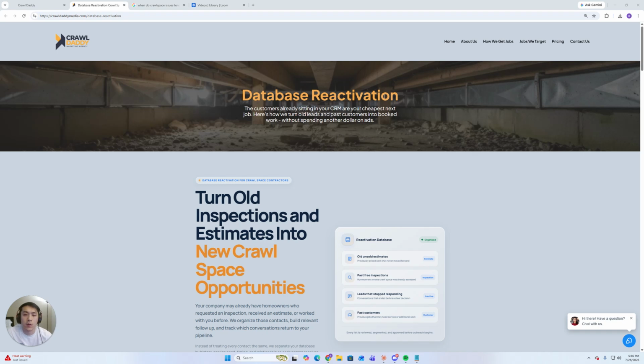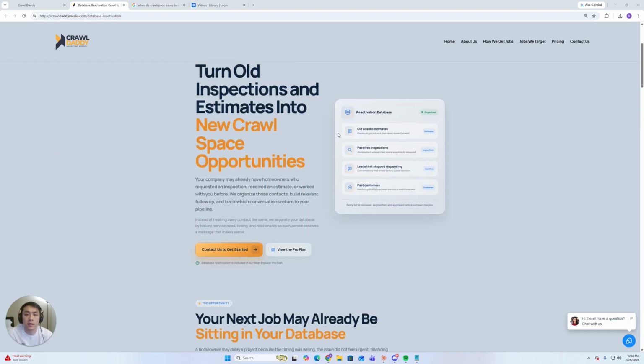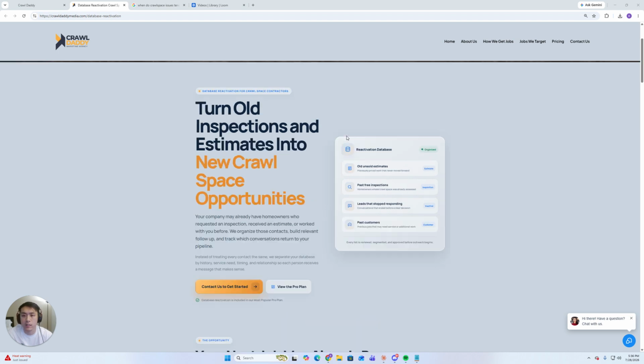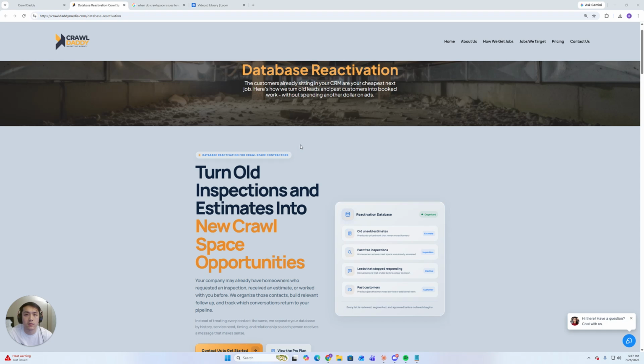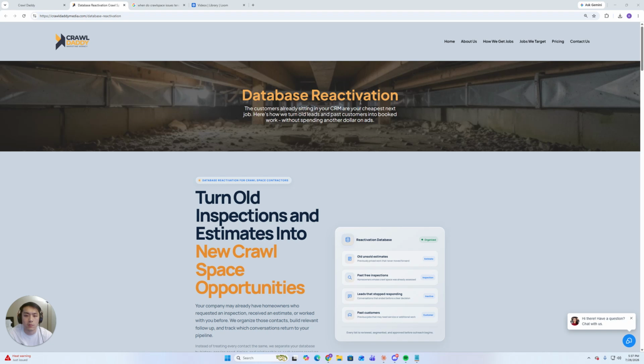I know a lot of marketing agencies say they do database reactivation, but they do not know how to do this in the crawlspace industry, and so that's why we have special tailored messages for crawlspace leads that went cold. We have a list of about 8 kinds of leads that are prime candidates to reactivate through this method.